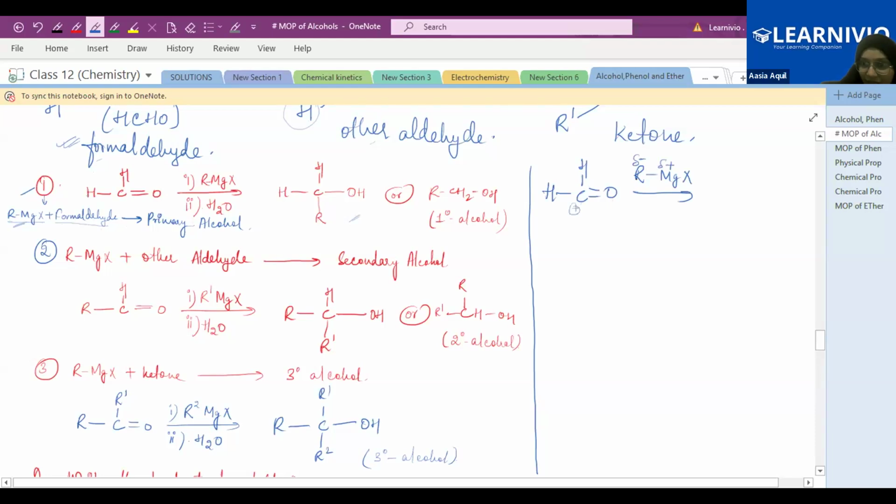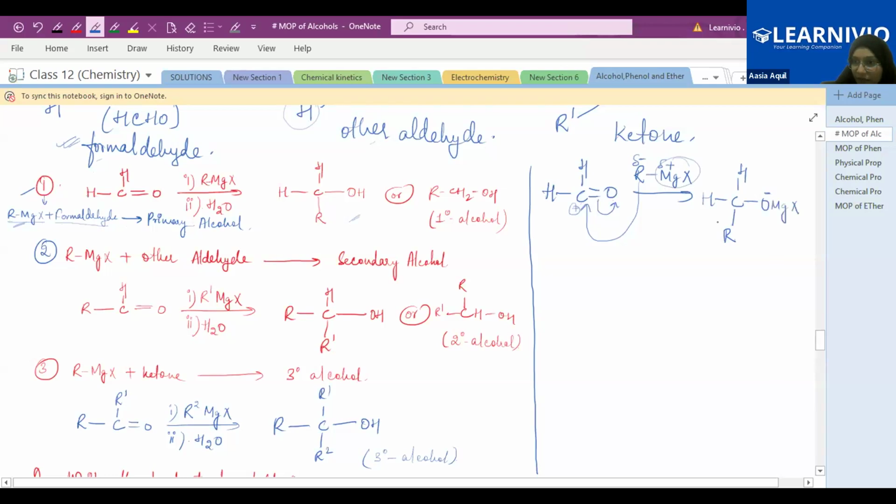Just attach this R group to this carbon, and this bond will shift over. So here H, C, H, and here the R group. And on the oxygen there will be a negative charge, and this MgX positive group will attach over here.